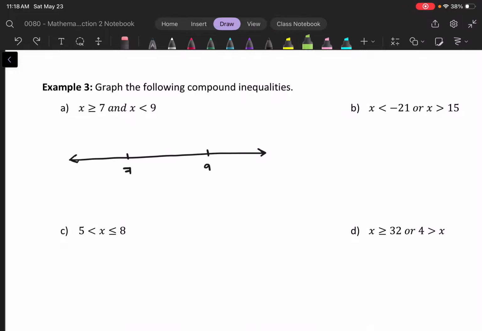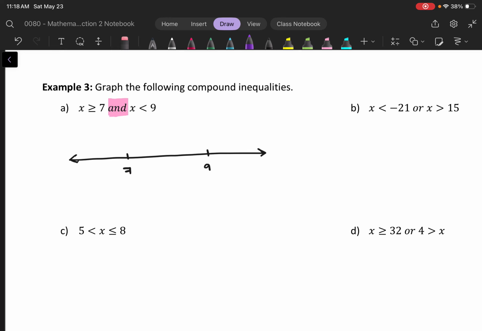In my and situation here, I'm actually expecting to have my 2 endpoints and my graph for each one go towards the other. Because in an or situation, I'm expecting the two inequality arrows to go away from each other. In an and situation, I'm expecting them to go towards each other. And so we'll notice that in this graph here.